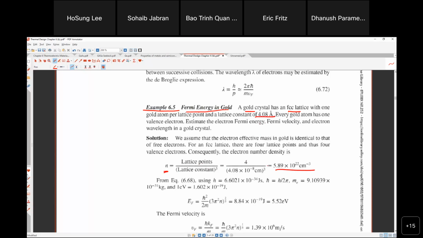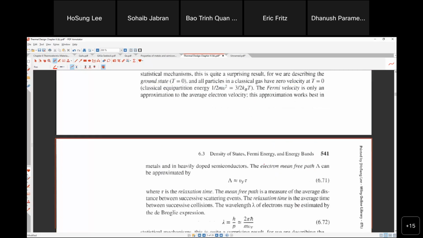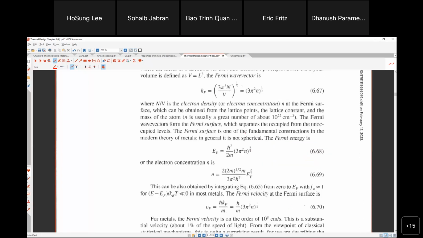Once we have the total number of electrons, then we can figure out the Fermi energy for the metal in this case.